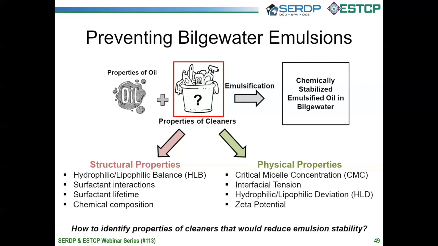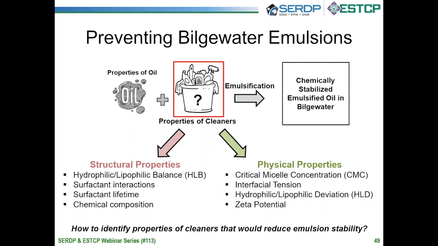So as mentioned before, emulsions are formed when you have oil, water, and a soap or surfactant all present, and then either based on thermodynamics or agitation, an emulsion is formed. For our project, we're focusing primarily on the properties of the surfactants or cleaners. They're divided into 2 different categories: structural properties, which include hydrophilic lipophilic balance, so where exactly that surfactant sits at the interface, if it's more towards the aqueous or hydrophobic phase, and also surfactant interactions, surfactant lifetime, and chemical composition.